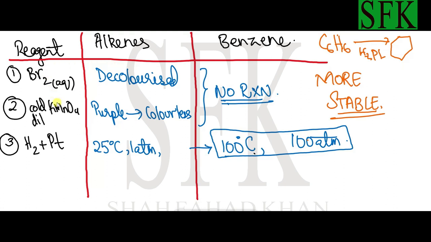So these reactions suggest the very high stability of benzene. Benzene wants to stay as benzene and does not react easily with any of these reagents, and it reacts only at very high temperature and high pressure with platinum and hydrogen gas.